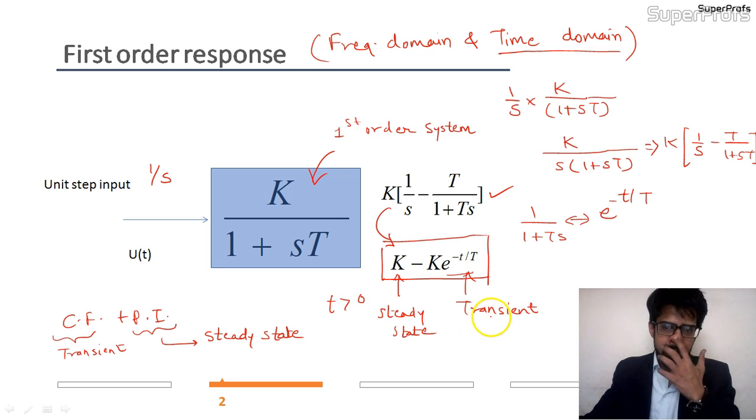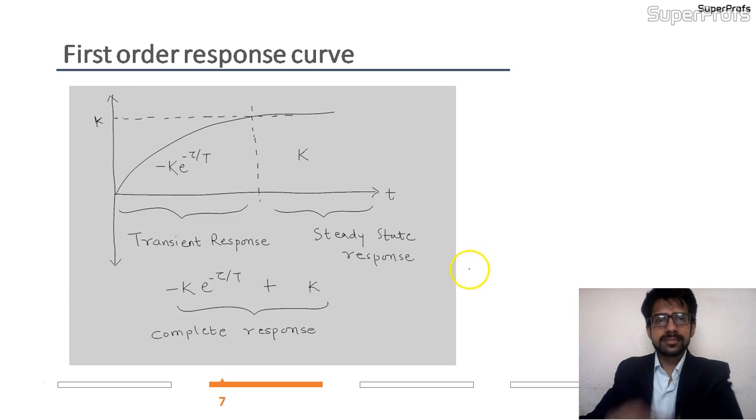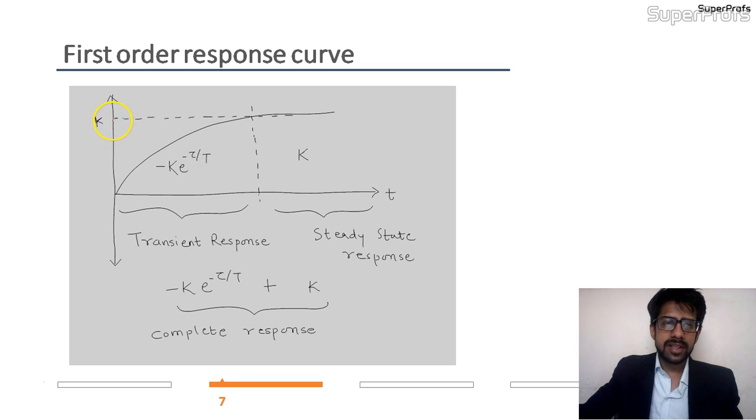Let us go forward to the next slide and check the graph of this system, wherein you will see the significance of the steady state K and the transient K into e raised to minus t by tau. In this slide, we are able to see the graph for the first order response curve. As you can see, the expected value for this system is K, but this is attained after a certain amount of time.